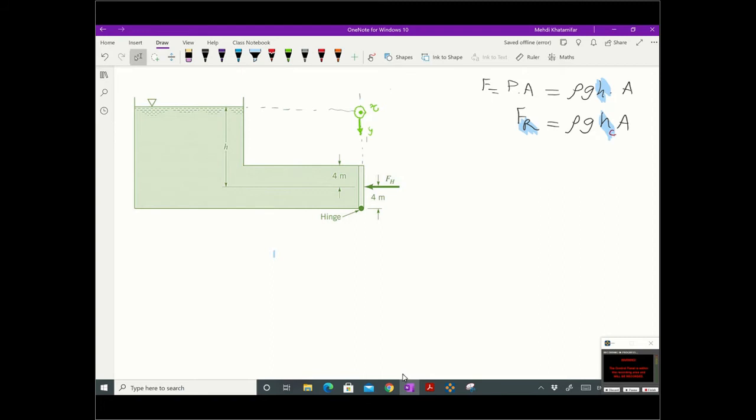Okay. This distance is h, and this one y bar by h. So we want to find this distance. So it is going to be h plus 4, the total one.